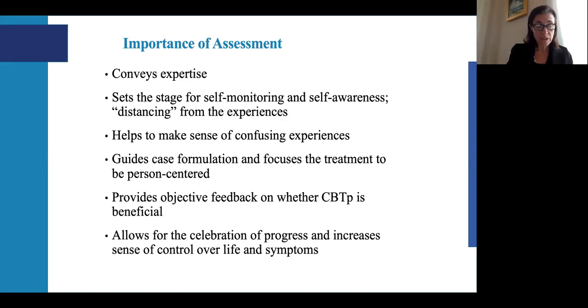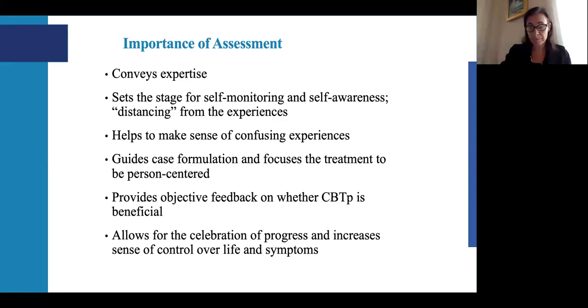As we mentioned, it's going to give you objective feedback on what's happening in the therapy, and it's not just about what's wrong; it's also about what's right. You can celebrate progress. And it can give people a sense of better control over their life and over their symptoms.